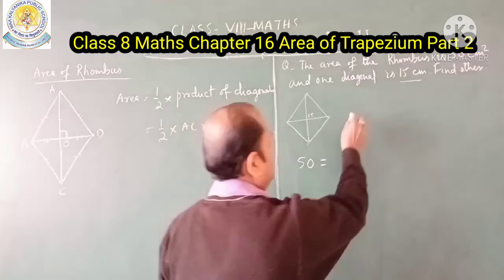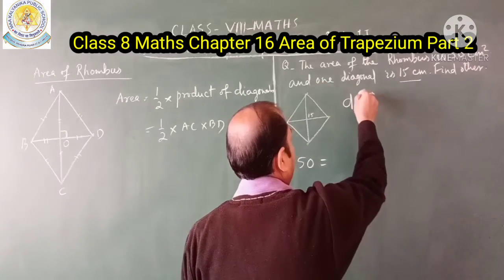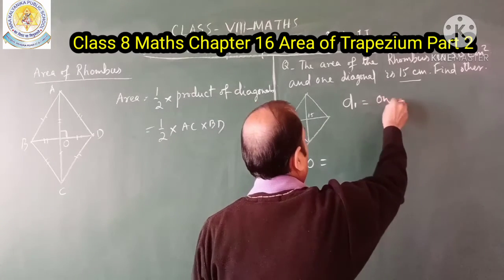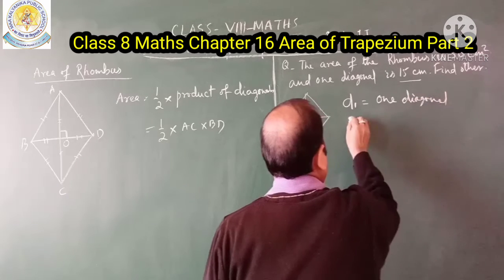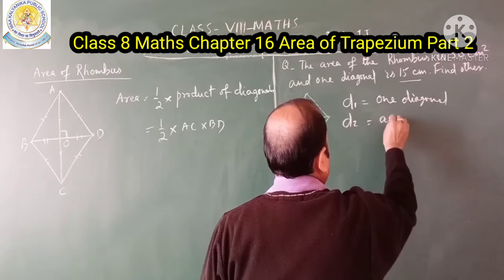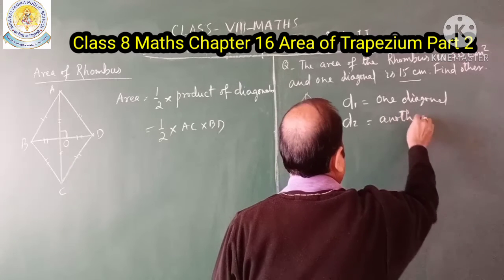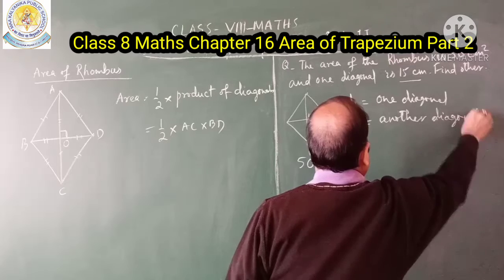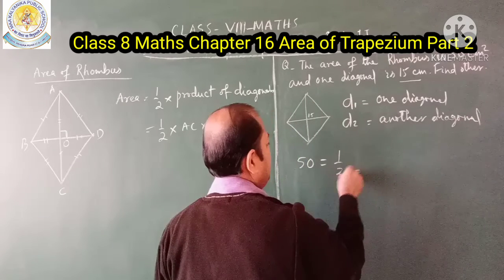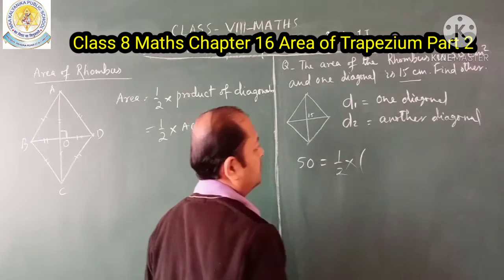Let D1 be one diagonal and D2 the other diagonal. So the formula is half into D1 into D2.